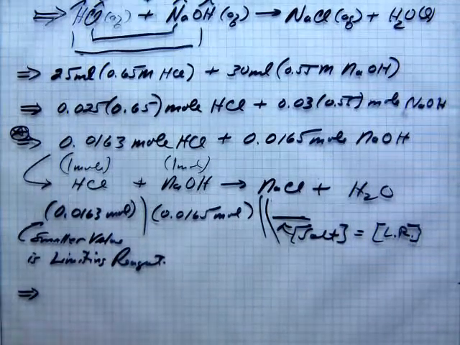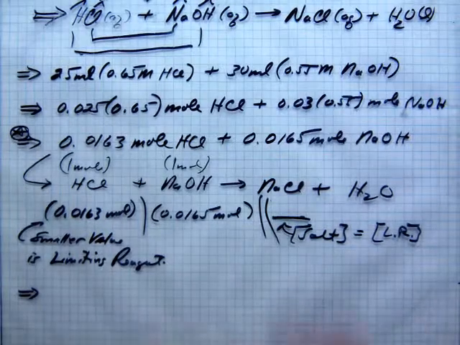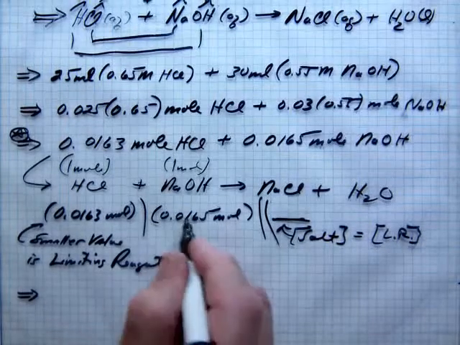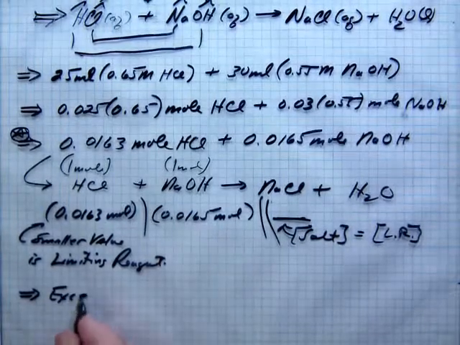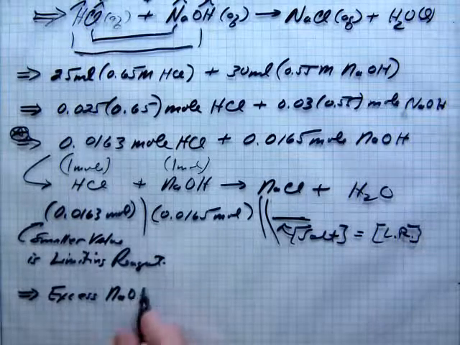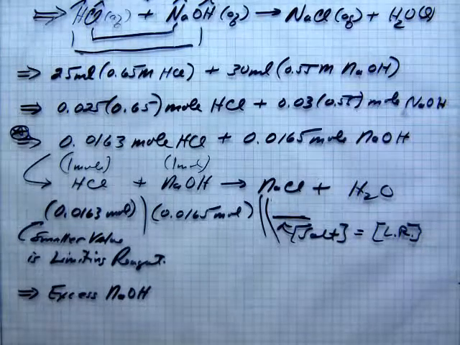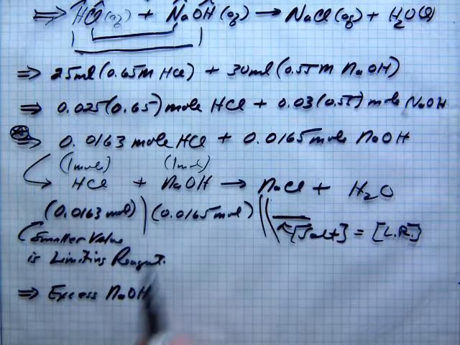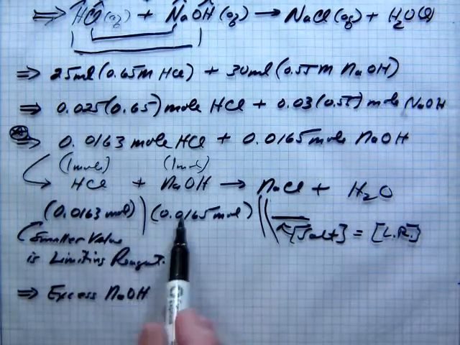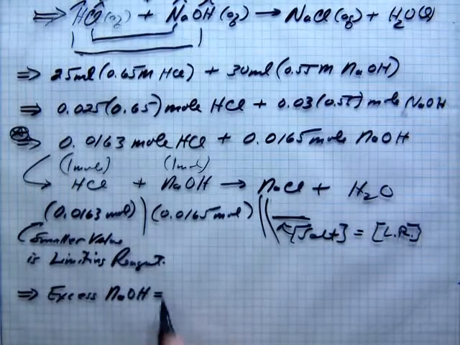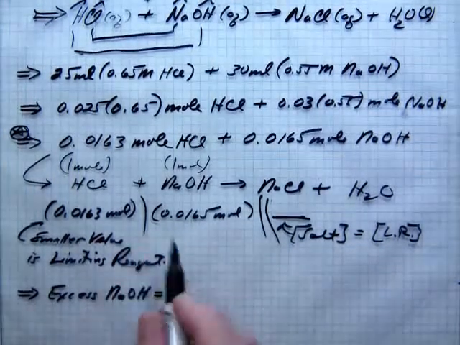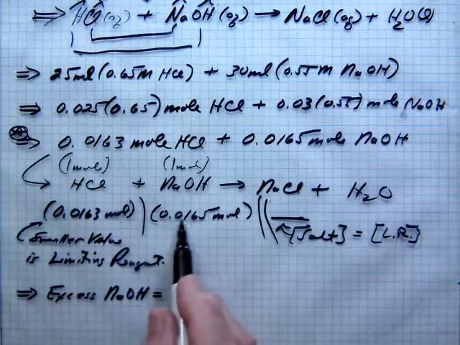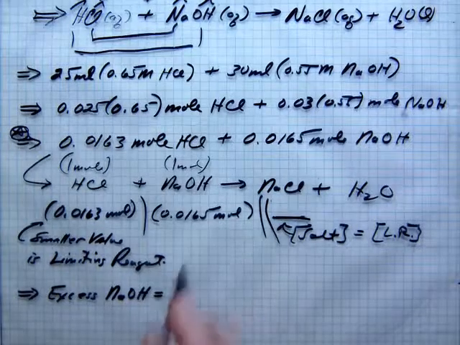So this next consideration right here is what's left. That is excess NaOH that remains and sodium chloride in solution. Excess. This reacts 1:1. So that excess NaOH is just going to be the difference in those two. For every 0.0163 mole of HCl, I'm going to use up 0.0163 mole of sodium hydroxide used.